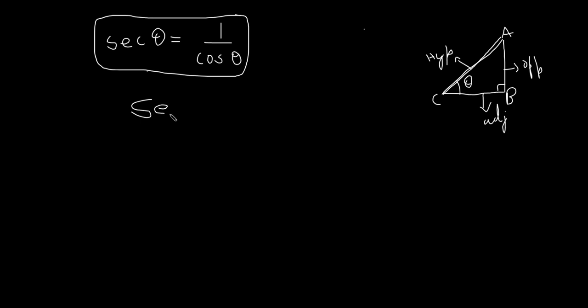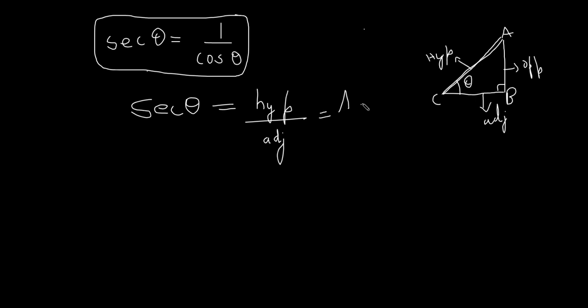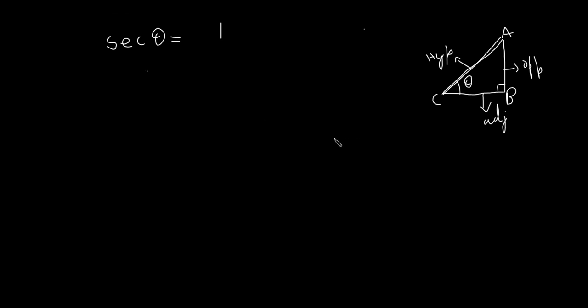Sec theta is equal to hypotenuse over adjacent, or you can say in this triangle hypotenuse is AC and adjacent side is BC. So sec theta is 1 upon cos theta.